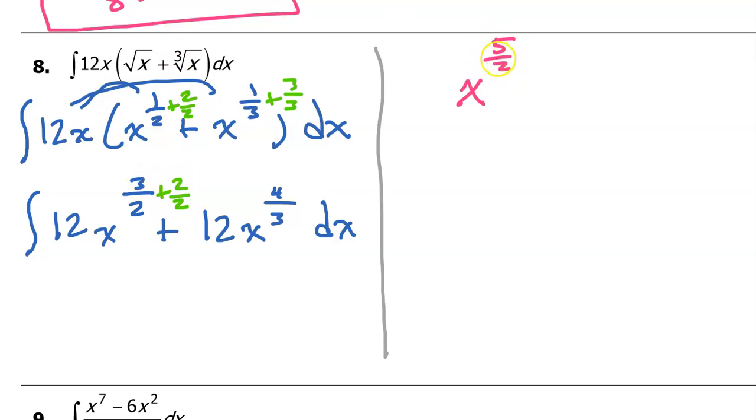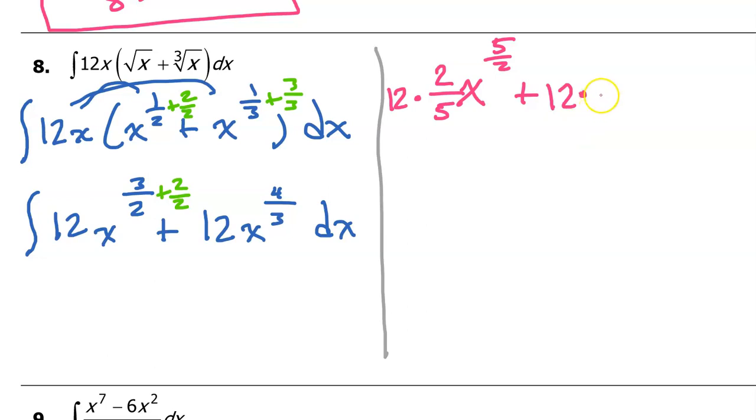I will divide by the new exponent. When you divide by a fraction, you multiply by the reciprocal. So I'm going to end up with 2/5. Don't forget about the 12. That has always been there. So I'm going to put 12 times this. And now we move on to the next term. I think I'll write down the 12 first this time.